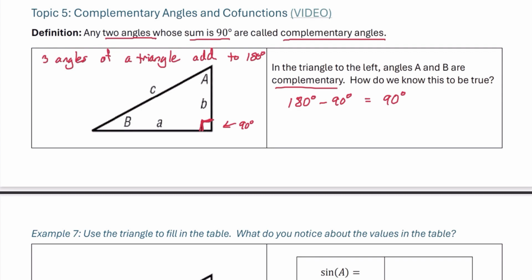So that means A and B together make up 90 degrees, which makes them complementary angles.